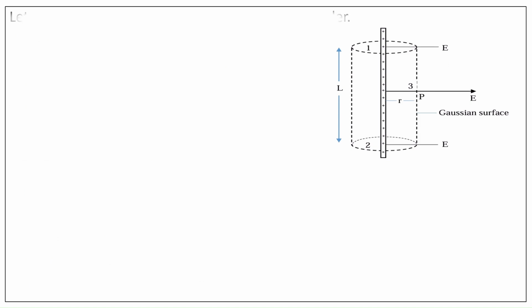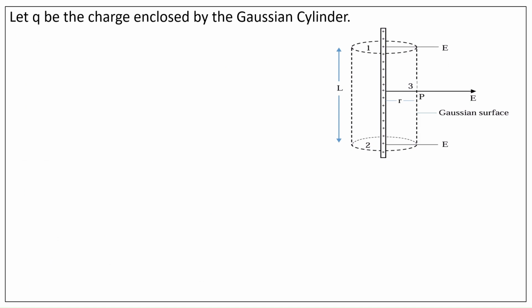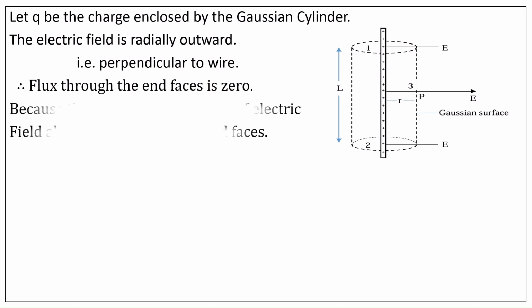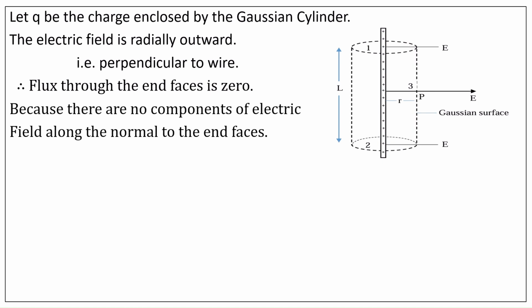Let Q be the charge enclosed by the Gaussian cylinder. The electric field is radially outward. That is, perpendicular to wire. Therefore, flux through the end faces is zero, because there are no components of electric field along the normal to the end faces.